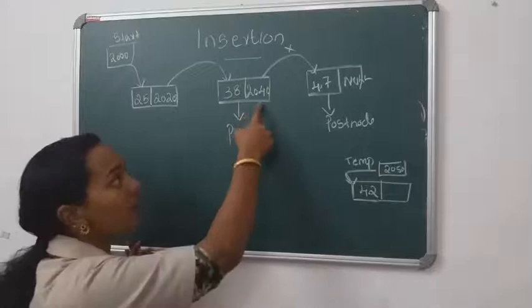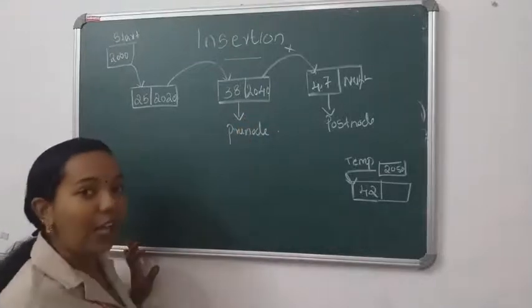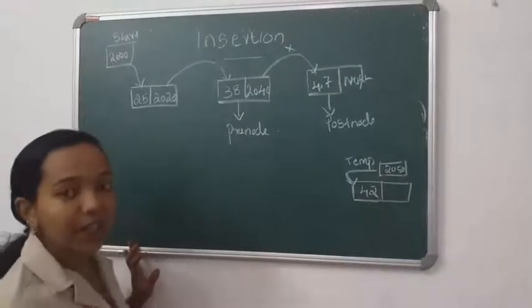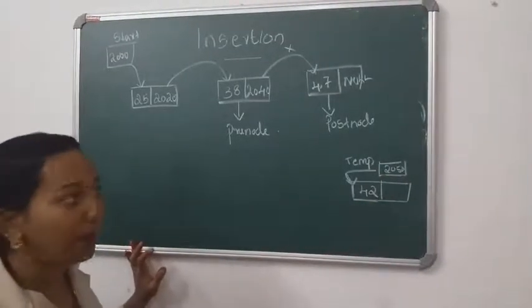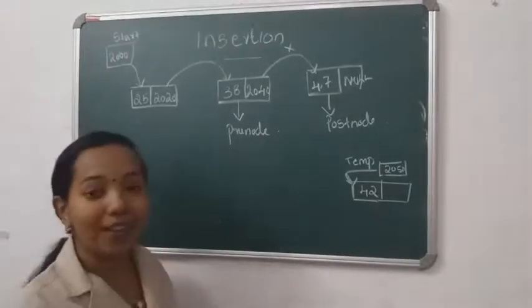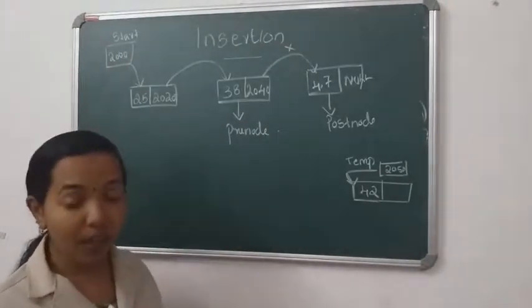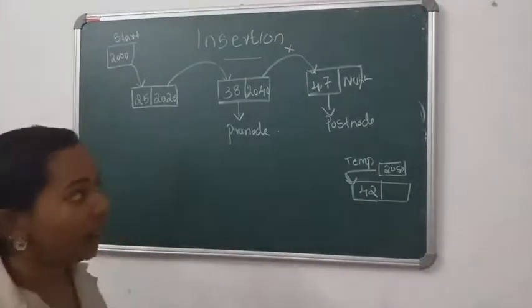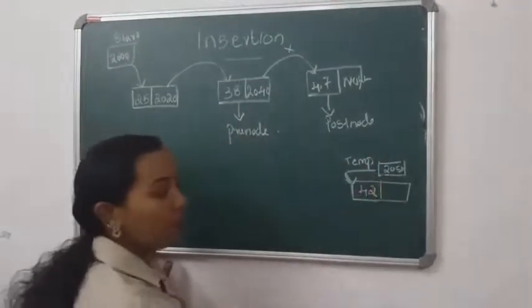So instead of 2040, which value do you want to copy? 2050. If we write 2040, then it will point to the value 47. Suppose you want to point to the value 42, instead of 2040, which value do you want to copy? 50.